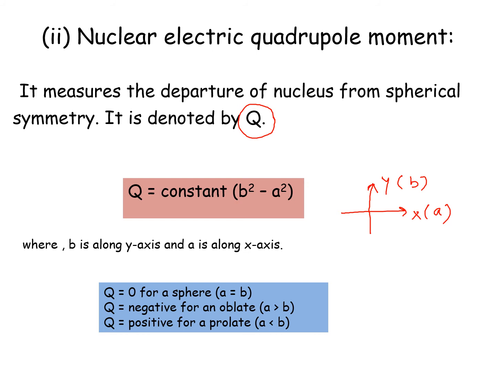So if Q is equal to 0, that means B is equal to A, so the shape will be spherically symmetrical.